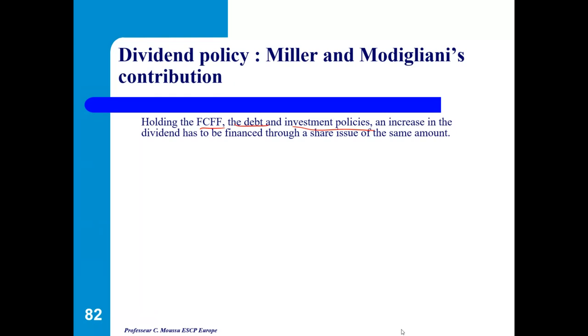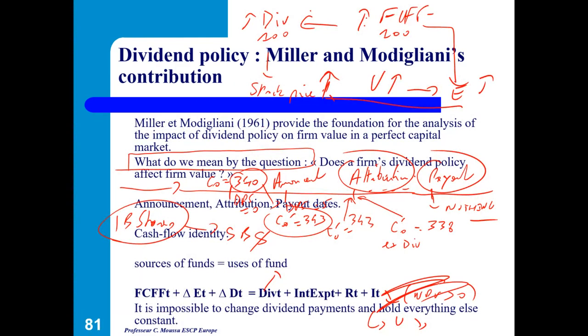So what we say here is, if you hold the free cash flow, the debt, and the investment policy of a firm, an increase in the dividend... So what does it mean?